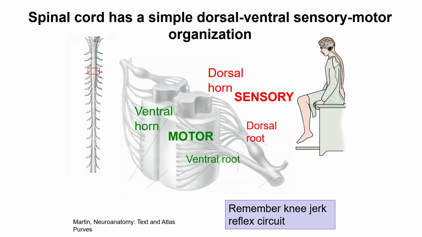Okay, so I will end my lecture by coming back to this picture over here. What I want you to draw from here is we have a very simple organization of the dorsal ventral sensory motor type of relationship.